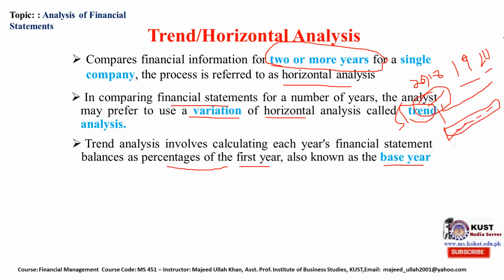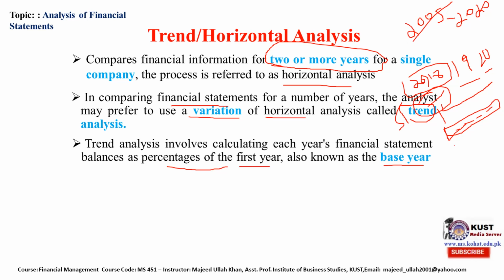So in this case, let's suppose you are going to analyze data from 2018 to 2020. The base year will be 2018. We will express each item of the balance sheet and income statement as a percentage of this base year. Similarly, if you are going to analyze data from 2005 to 2020, then the base year will be 2005.